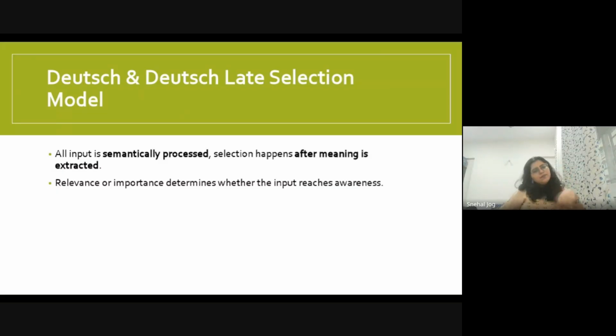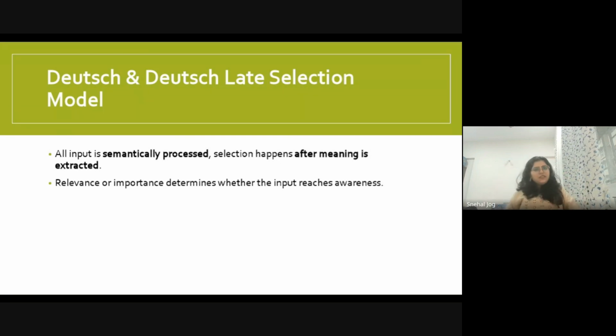Now, however, this model also has certain criticisms because honestly, this model sounds impractical. Because can we really process everything for meaning in the moment? Because see, how many ever models we talk about, you have to understand that all of these are mental processes which are happening within milliseconds, right?